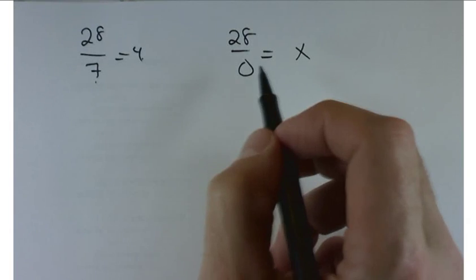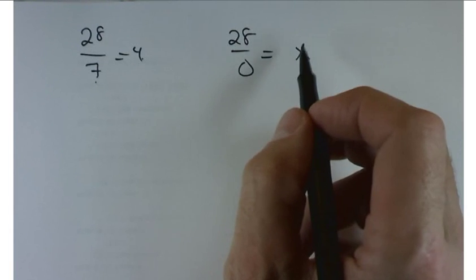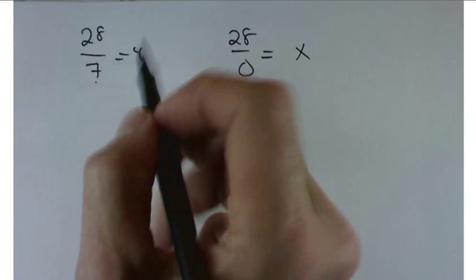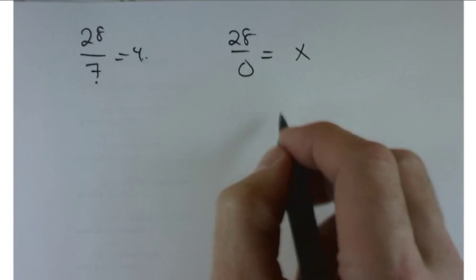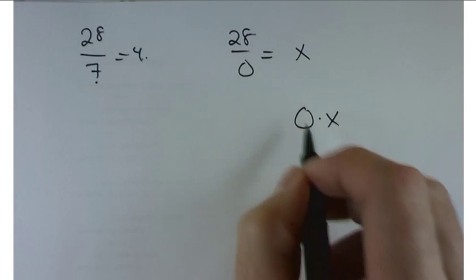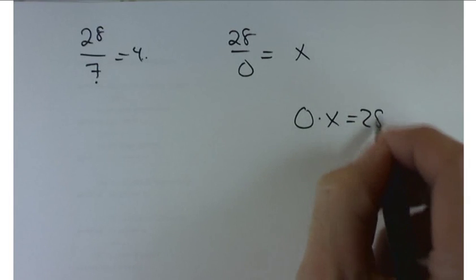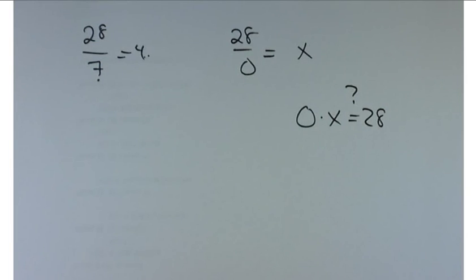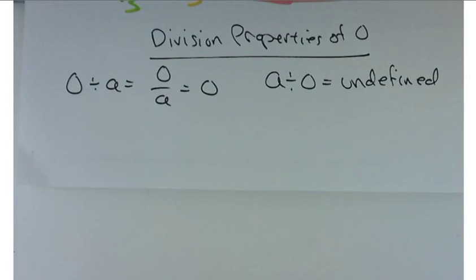Then I should be able to check it like I did this one. 4 times 7 was 28. Well, what do you multiply by 0 to get 28? Nothing. What happens when you multiply something by 0? You get 0, right? So there's nothing that's going to make this work. That's one way of understanding why we can't divide by 0. We just can't figure out an answer that's going to work there.